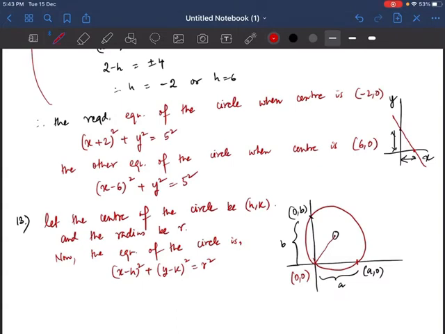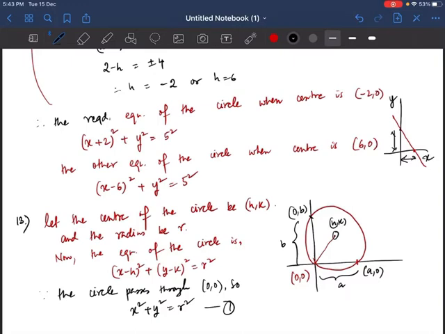So in place of h, if I put 0, we have x square plus y square is equal to r square. So this is one of the equations which we have got since it passes through the point 0 comma 0.